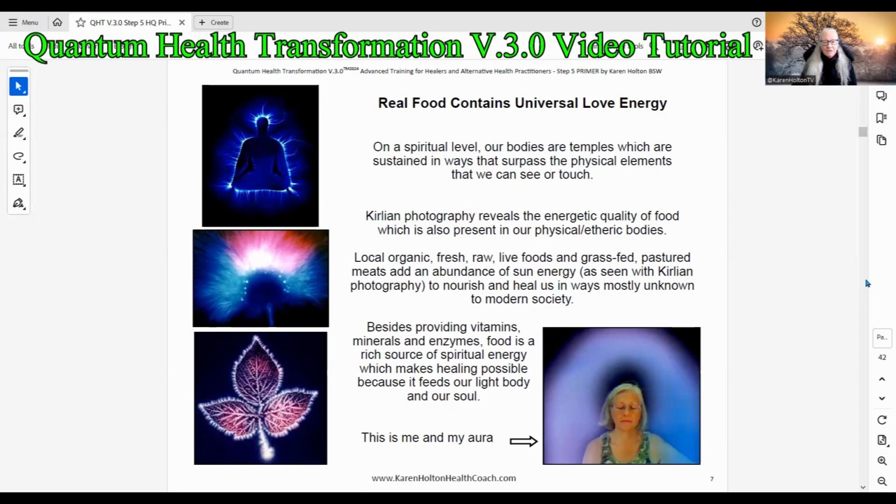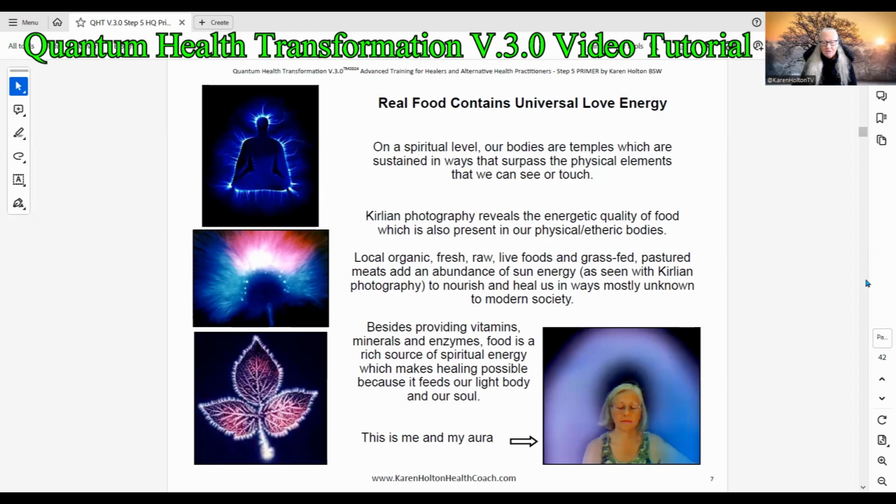Local, organic, fresh, raw, live foods and grass-fed, pastured meats add an abundance of sun energy, as seen with Kirlian photography, to nourish and heal us in ways mostly unknown to modern society. Besides providing vitamins, minerals, and enzymes, food is a rich source of spiritual energy, which makes healing possible because it feeds our light body and our soul.